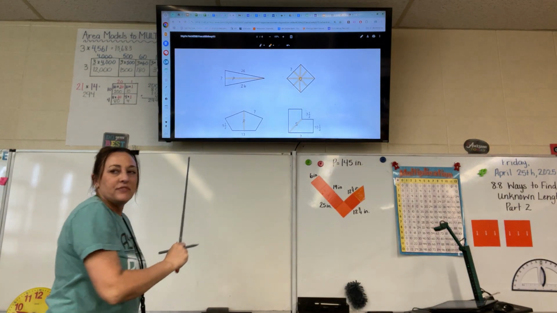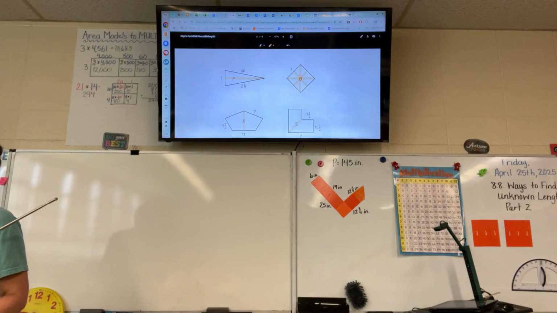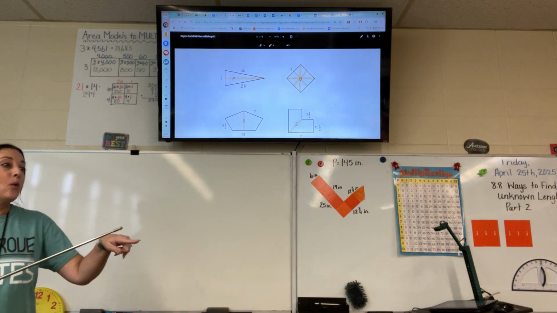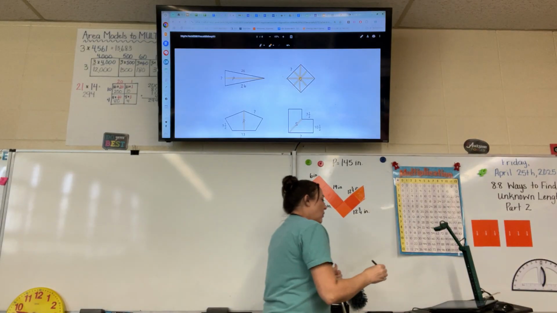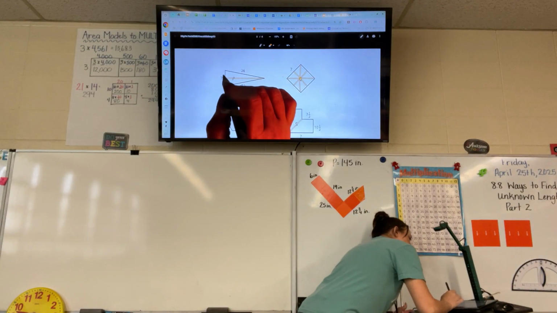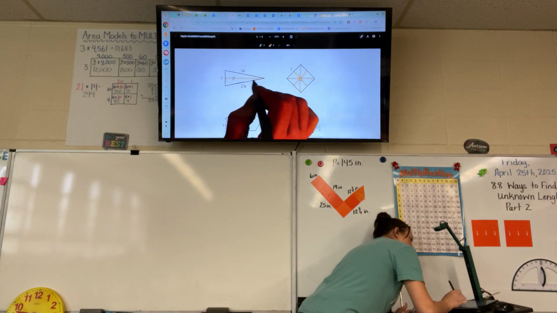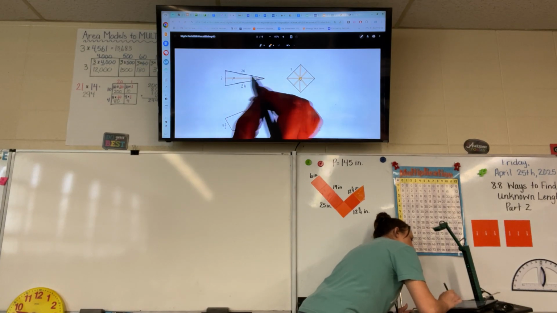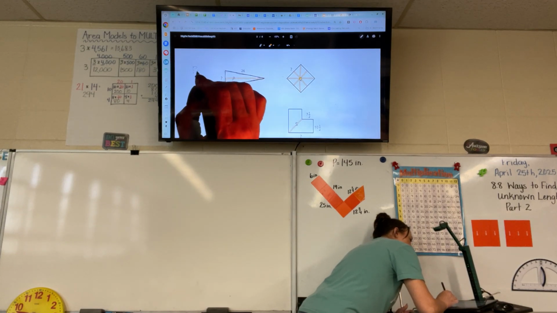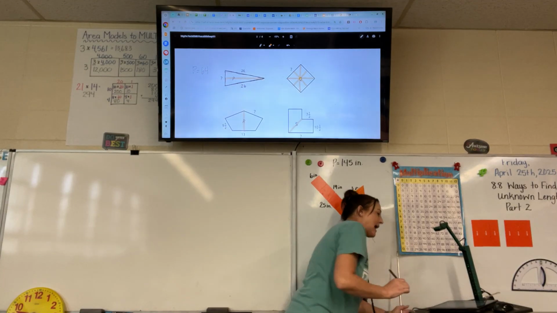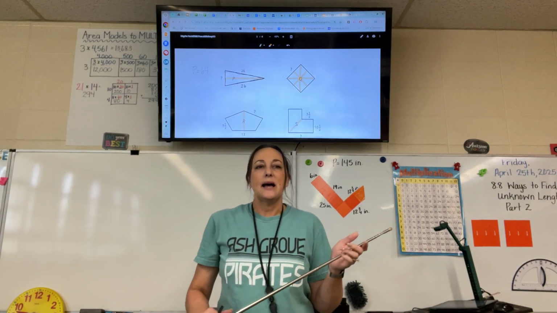So now we have to figure out what that third side would be. We know, what is the perimeter? 64. So if this side plus this side plus this side all equals 64, how can we find that missing side?